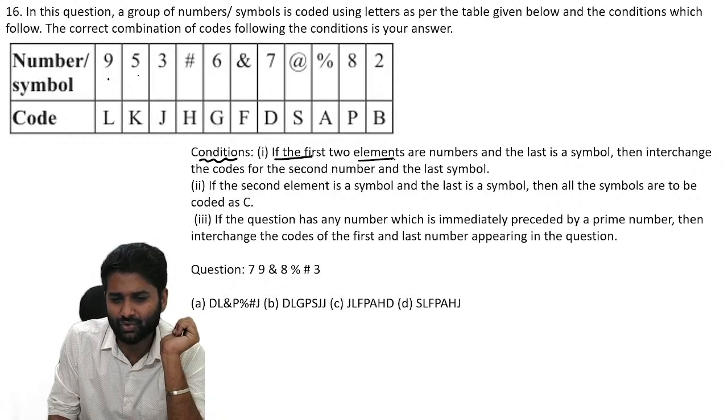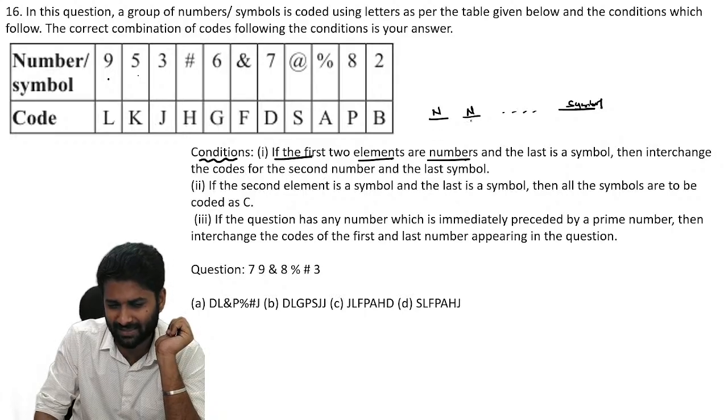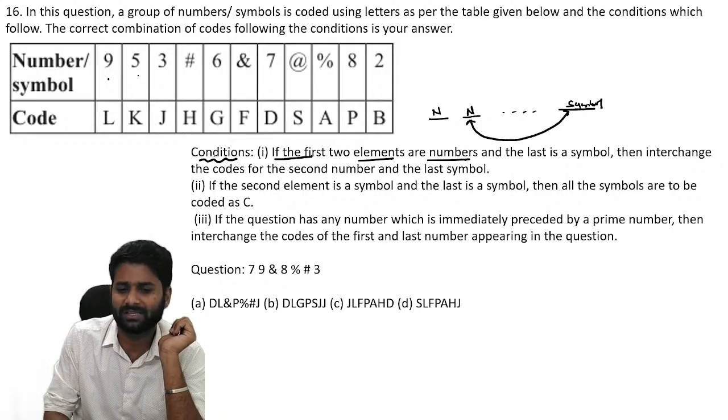If the first two elements are numbers and the last is a symbol, then interchange the codes for the second number and the last number. See, you have to interchange these two codes. So that's the first condition.